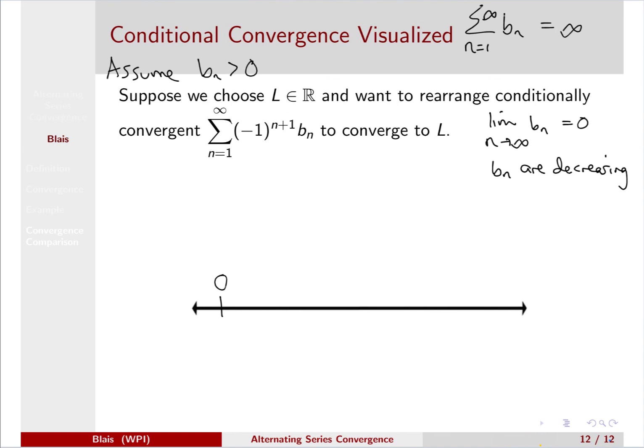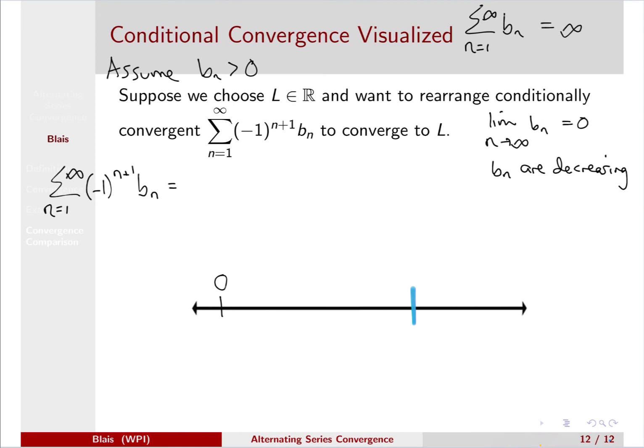So let's draw our value L here on the number line. And let's actually write out some of our sum, our alternating series. We have positive and negative terms.